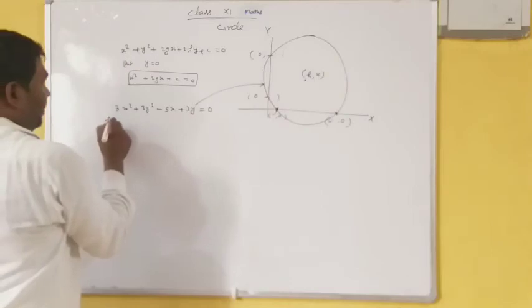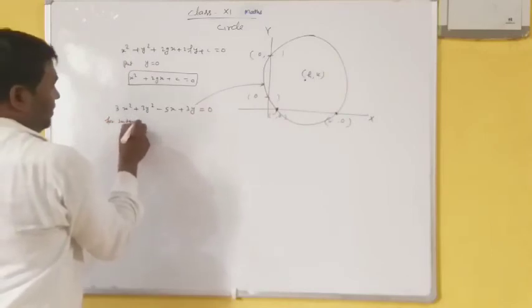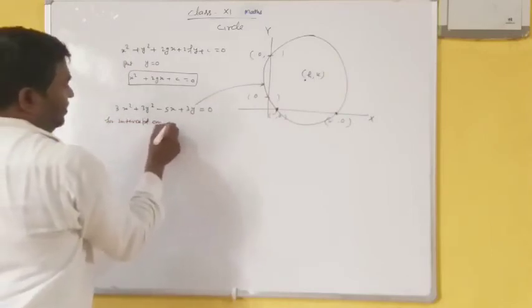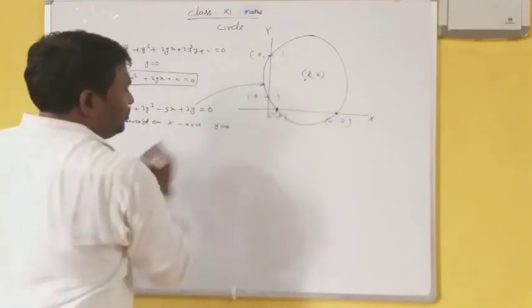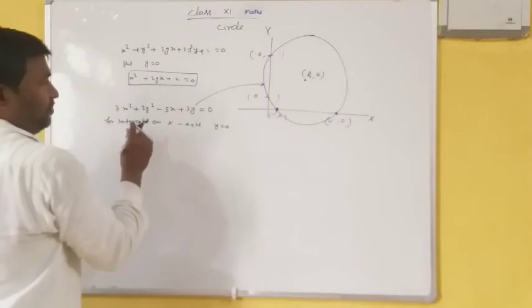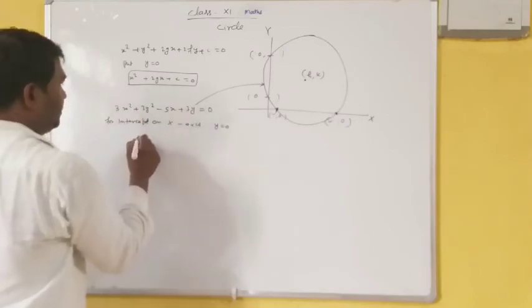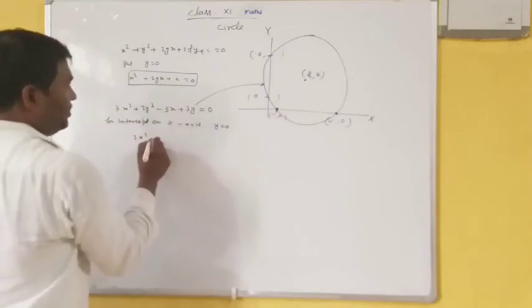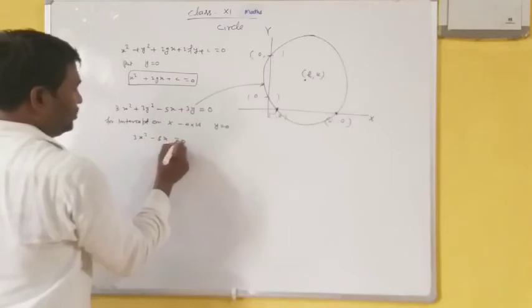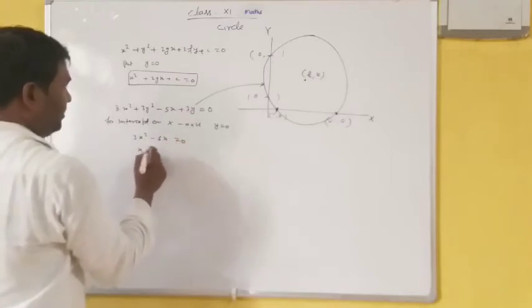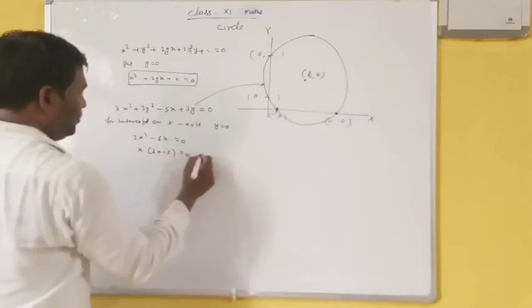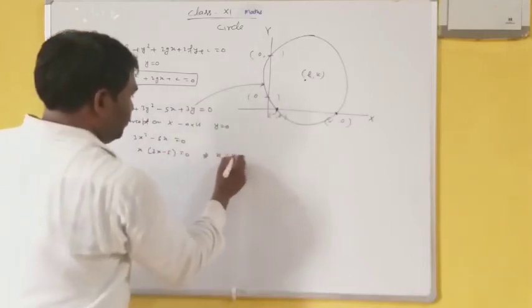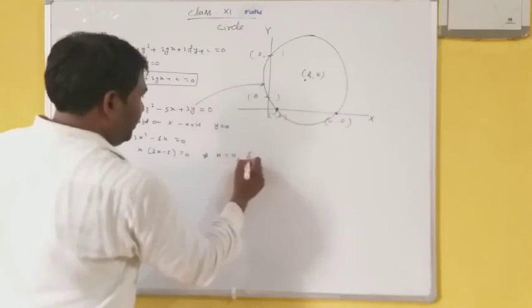So for the intercept on the x-axis, y should be 0. Putting y is equal to 0 in this equation, 3x square minus 5x is equal to 0. Taking x as common, x times 3x minus 5 is equal to 0. It implies that x is equal to 0 and 5 by 3.